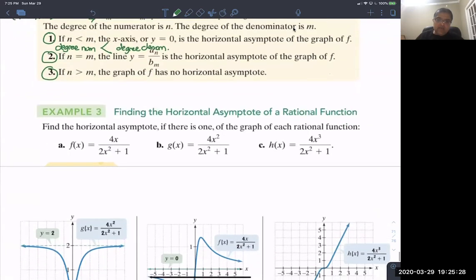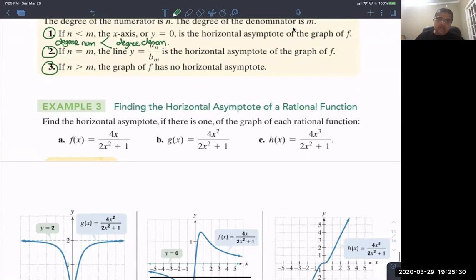So let's look at example A, 4x over 2x squared plus 1. If we look, the degree of the polynomial in the numerator is 1, and the degree of the polynomial in the denominator is 2.